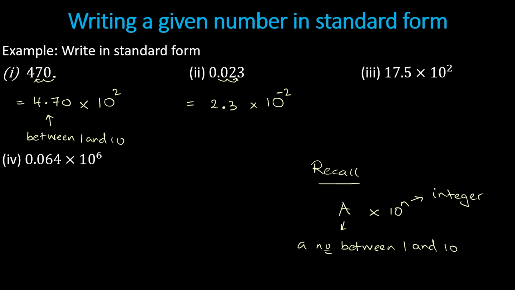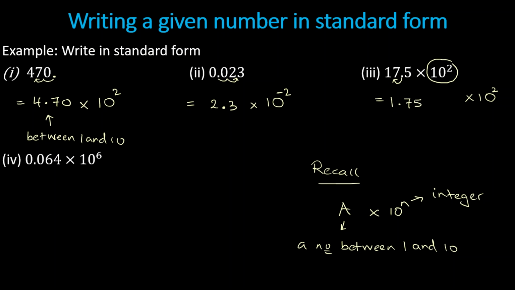Okay. Third part, you have 17.5 times 10 to the power of 2. Right? Now just forget about the 10 to the power of 2. Let us just focus on the 17.5. We need to move the decimal to the left. So we have 1.75.